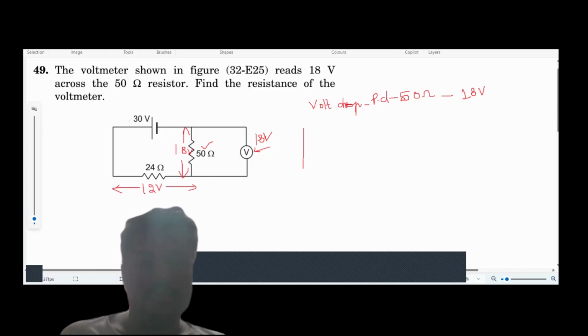Am I right? Of course, you may take the current direction like this.